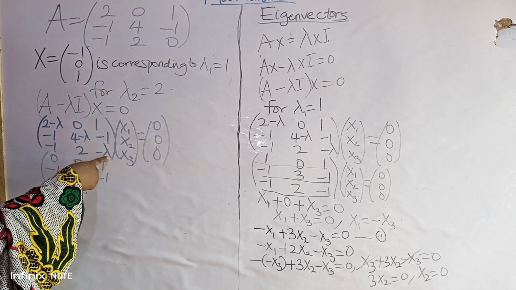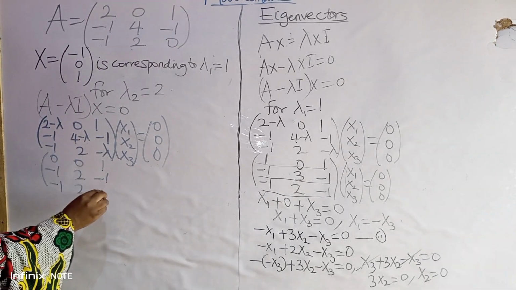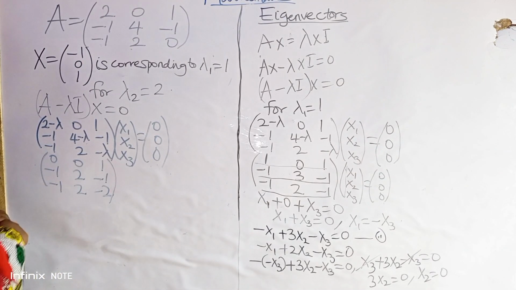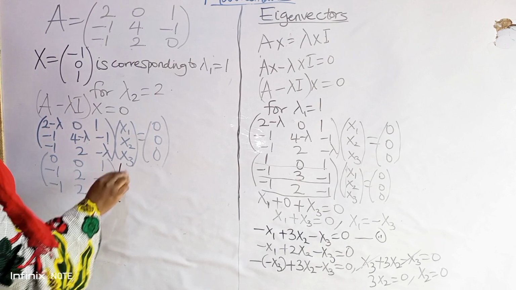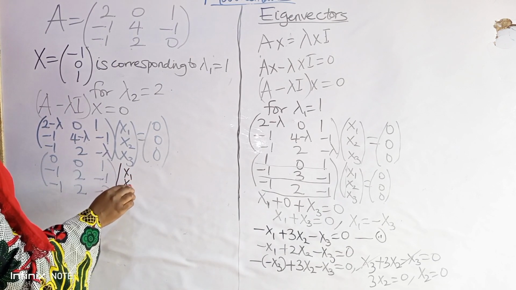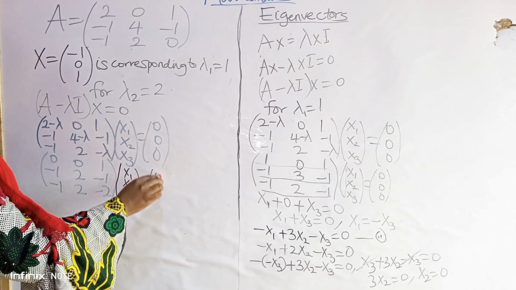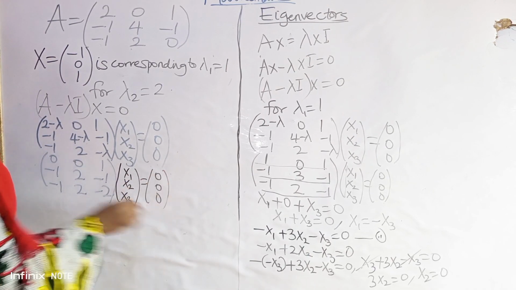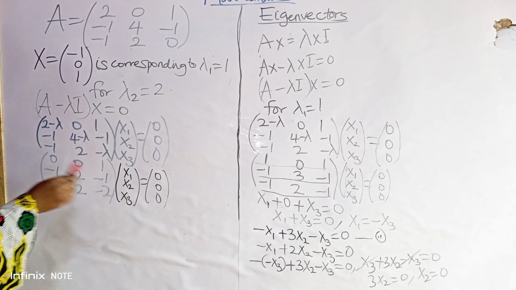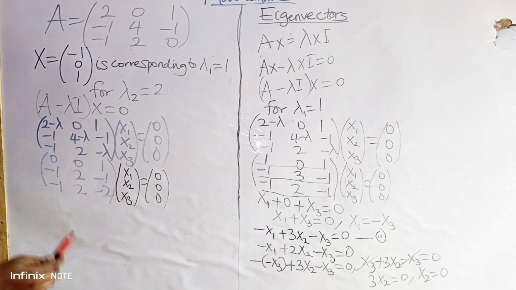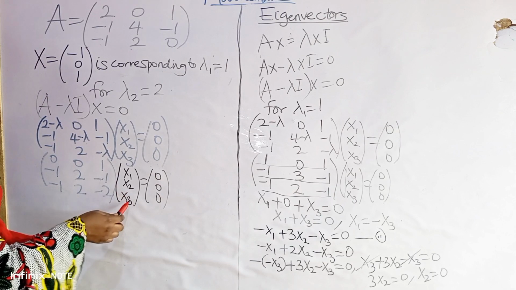Then minus lambda will give me what? Minus 2. Then multiply by [x1, x2, x3] is equal to [0, 0, 0]. So let's multiply. 0 multiplied by x1, that is 0, plus 0 multiplied by x2, that is 0, plus 1 multiplied by x3.